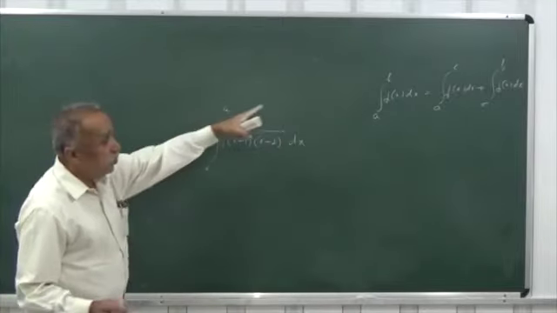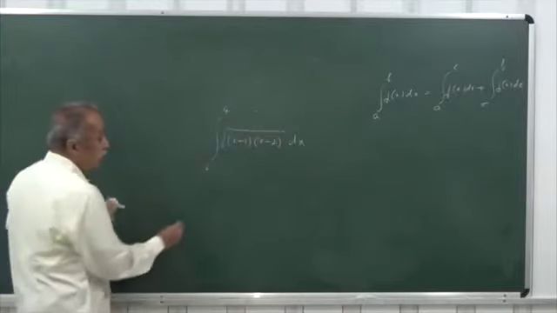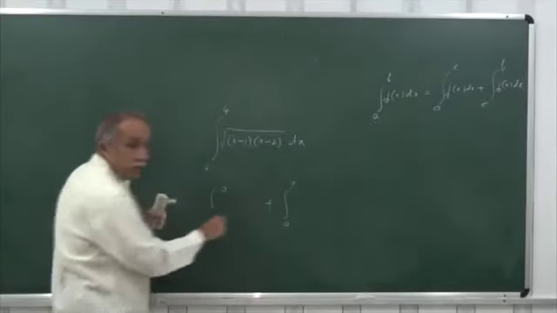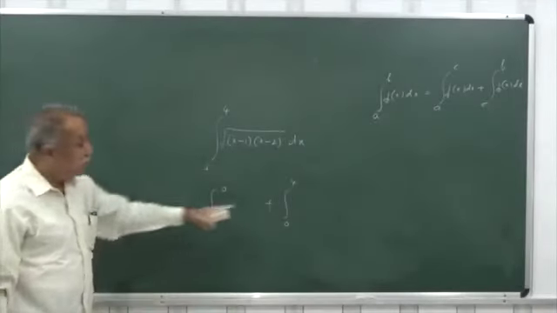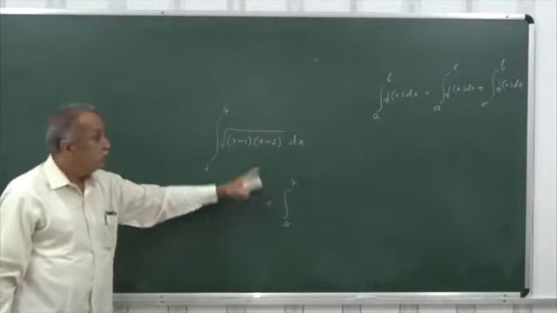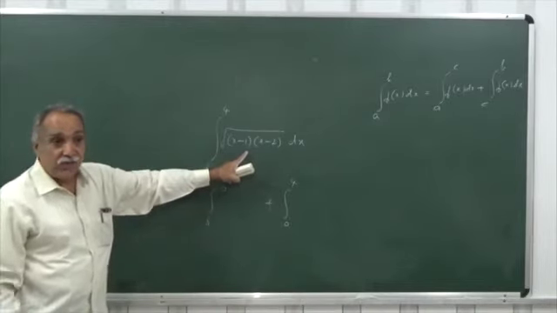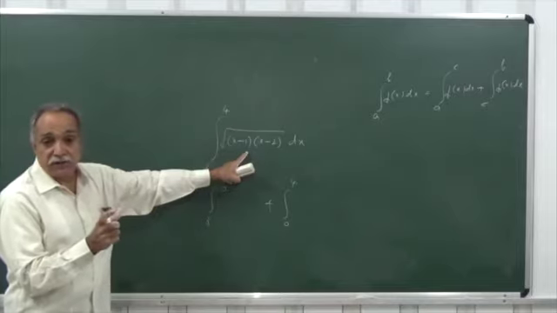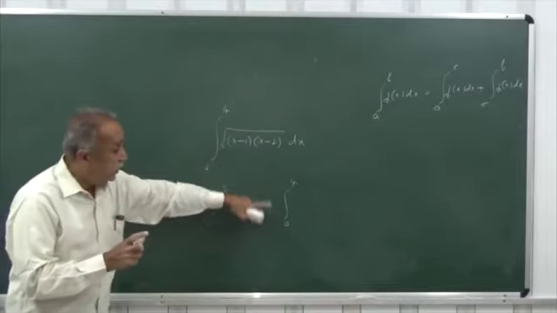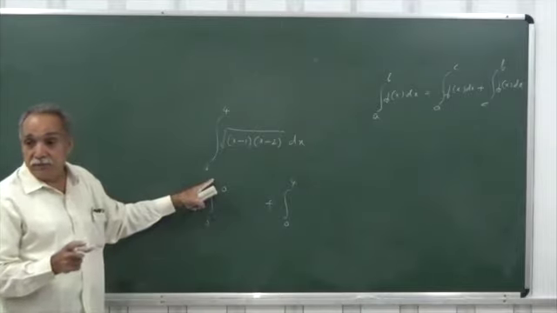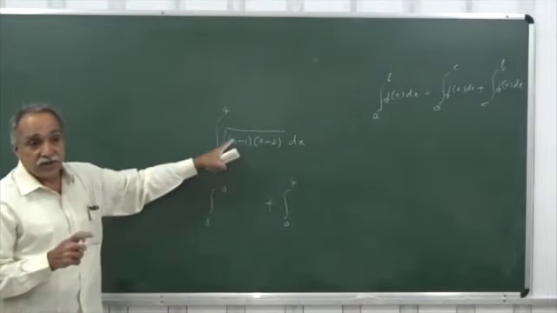Quoting that property, I cannot write this as 3 to 0 plus 0 to 4; it will be wrong, because this will be an interval in which this function is not completely defined. It is defined only outside the interval 1 to 2. So, in the entire interval 0 to 4 or 3 to 0, 0 to 3, I cannot find a meaning for this integrand.